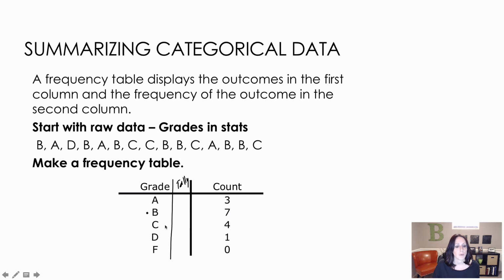And so I could say, well, there's a B, there's an A, there's a D, B, etc. And then at the end, count them up. Of course, the other way to go is to start with A and say there's 1, 2, 3 of them, and then write 3. So it's really up to you. This column is never necessary. It just helps you, especially if you have a very, very long set of raw data.